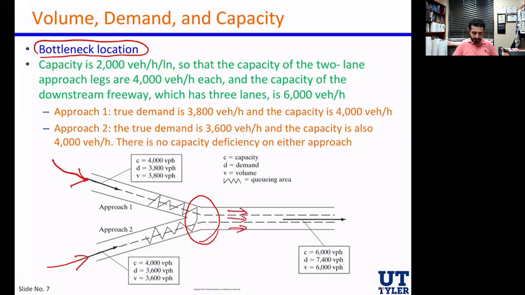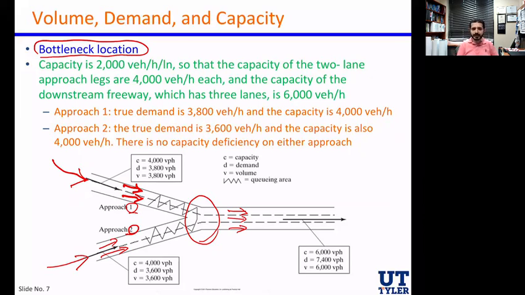So initially we had two lanes worth of volume from approach 2 and another 2 lanes from approach 1, and now they're going to join into only 3 lanes. This is what we call the bottleneck. Why do we call it a bottleneck? Because as we're going to see, the numbers now are going to be problematic. So let's talk about it in more detail.